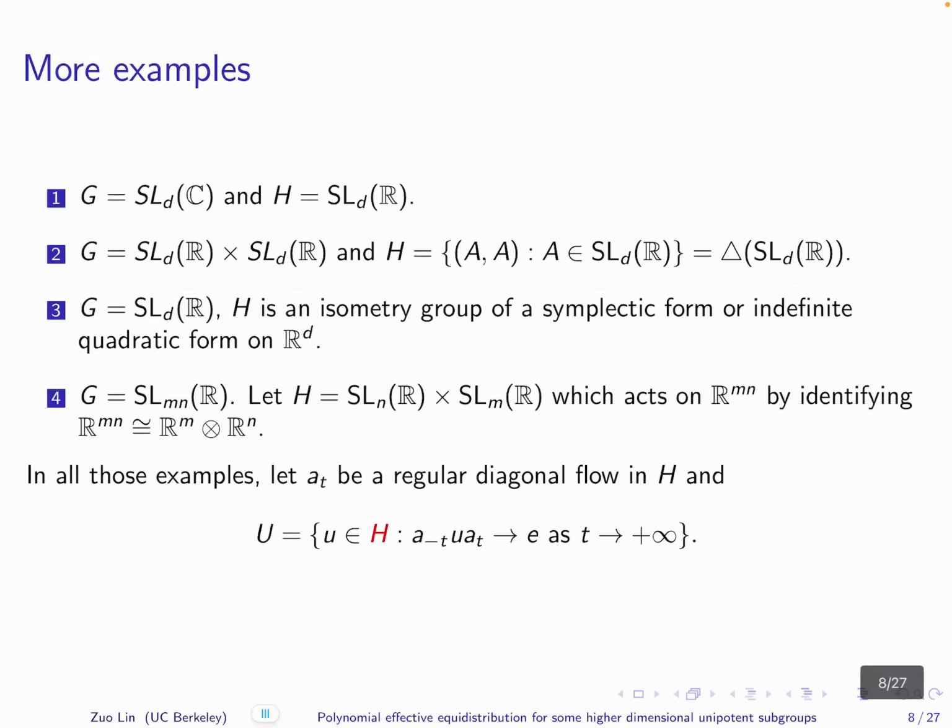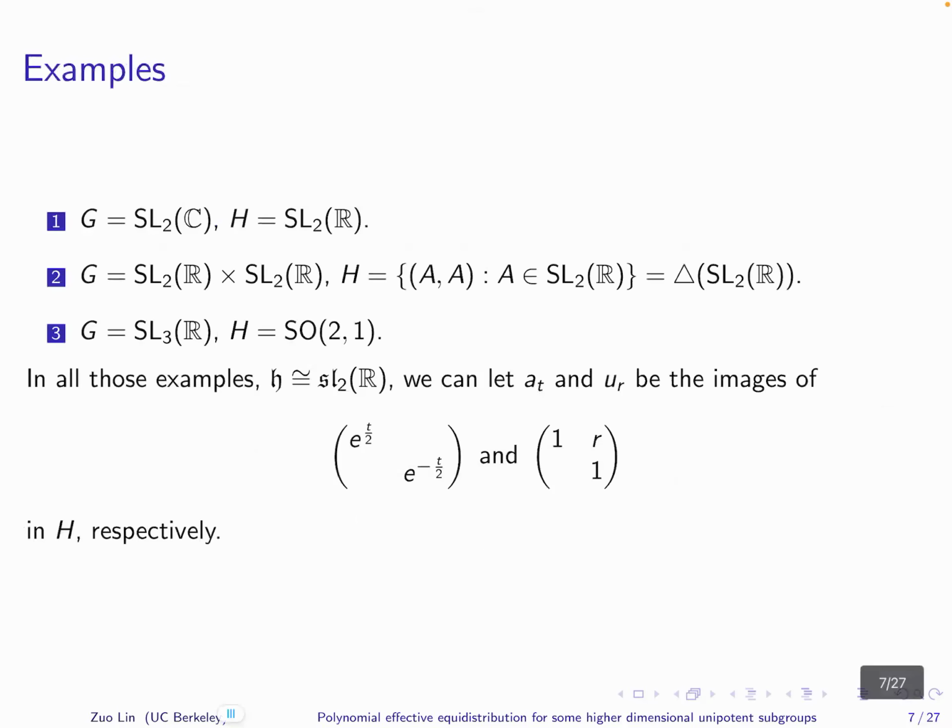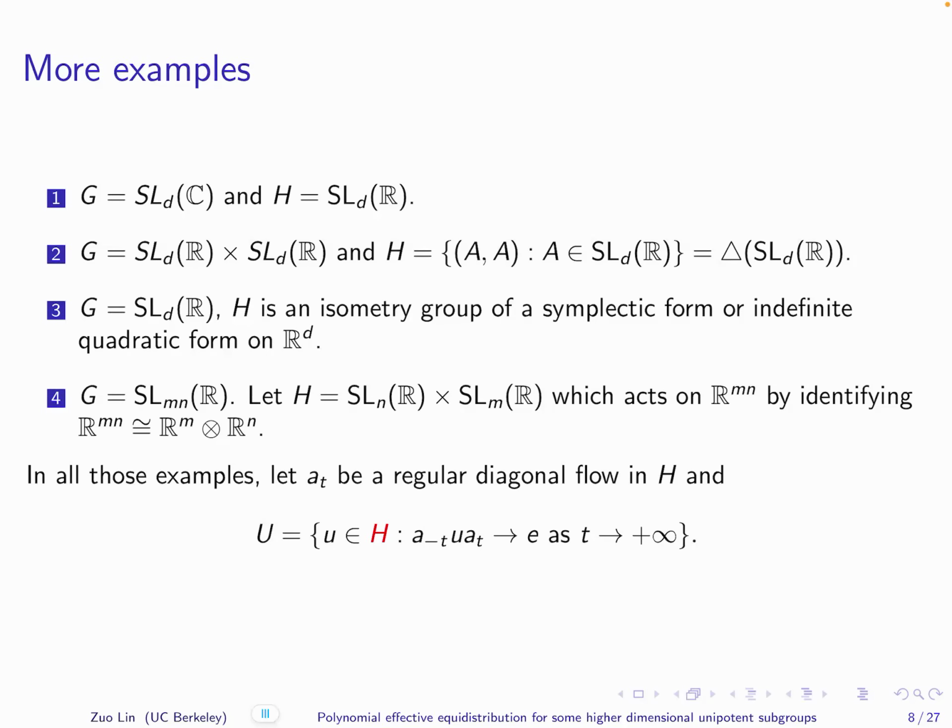It's a unipotent flow. And let's look at some higher dimensional analogs. So instead of 2x2 matrices, I can definitely look at d by d matrices with d greater or equal to 2. So I can look at G is SL_d(C) and H is SL_d(R). And I can also look at a split case of the previous one: G is SL_d times SL_d, and H is the diagonally embedded SL_d. So those two directly correspond to the previous two examples. Here I'm looking at 2x2 matrices, here I'm looking at general d by d matrices.